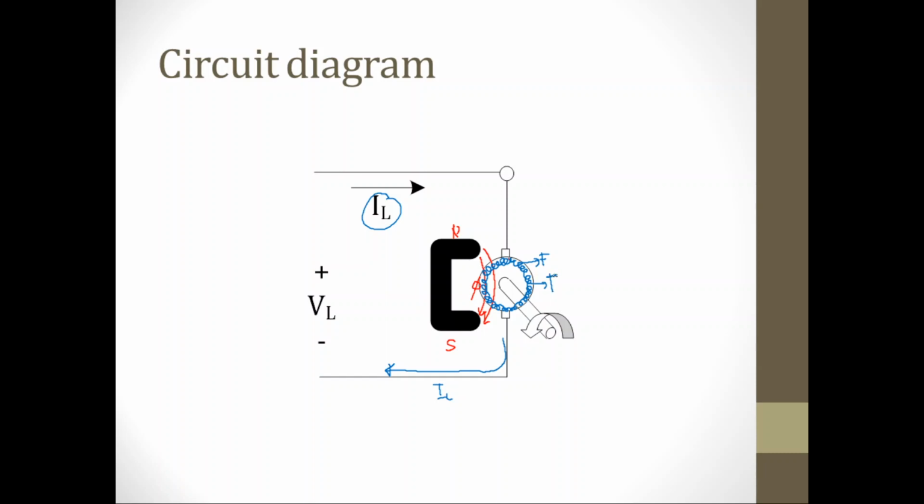So this would be the force that the conductor may experience. Through this force, since the armature is mounted symmetrically, this force will in turn develop torque, which actually makes the armature of the motor rotate.